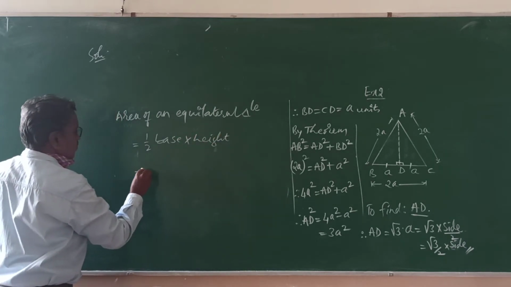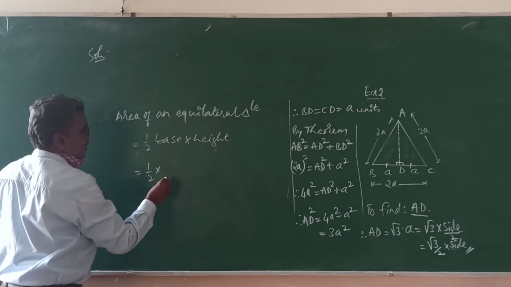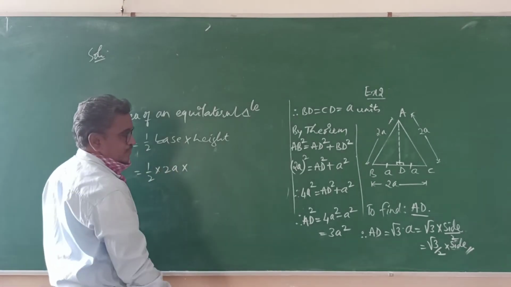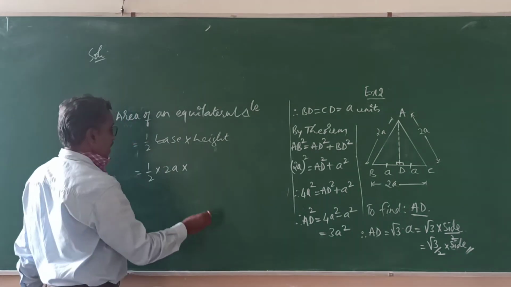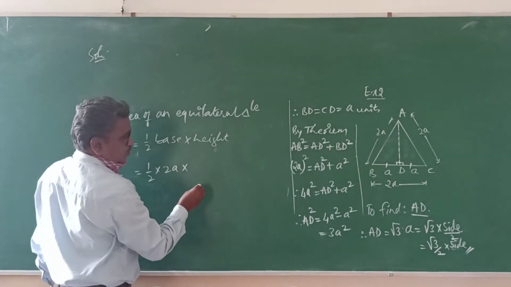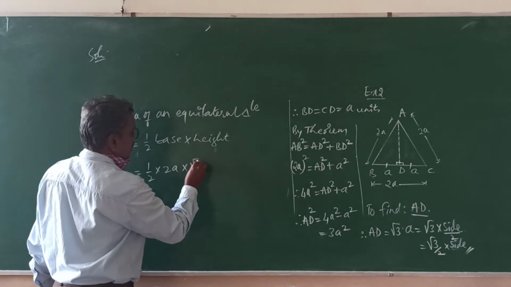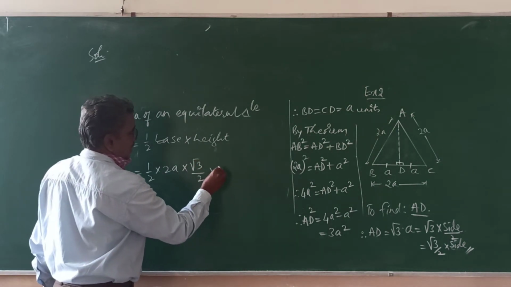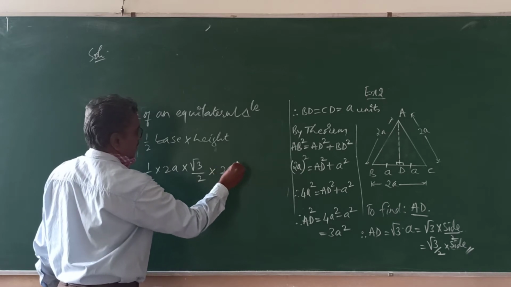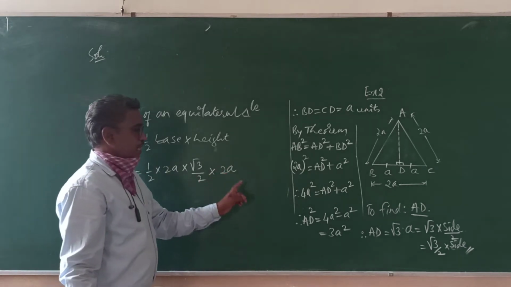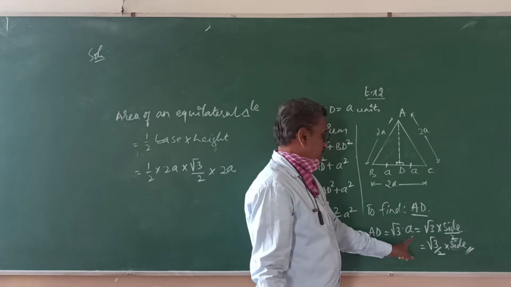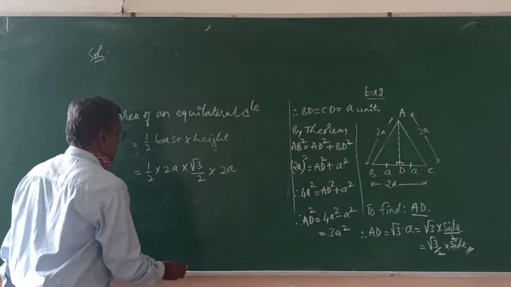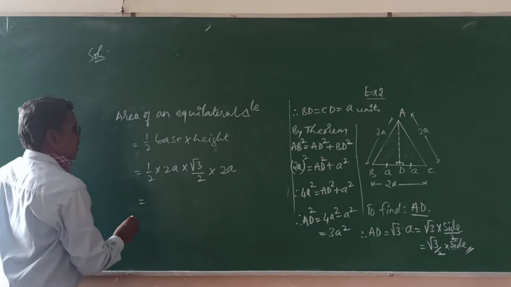What is the base? The base is 2a, and the height is the altitude, root 3 by 2 into the side, calculated here as root 3 into a.